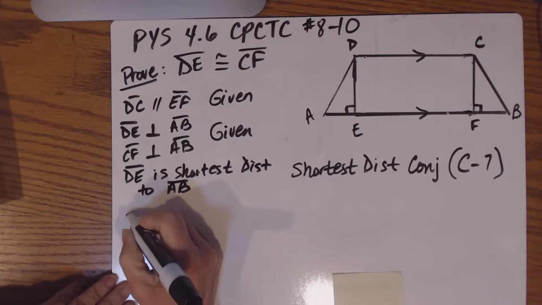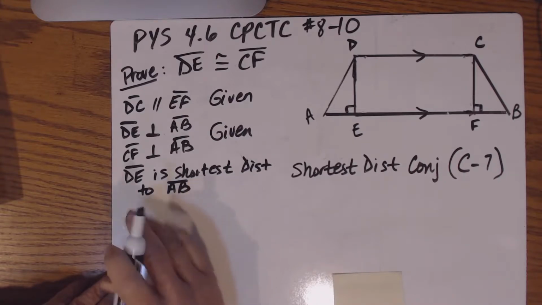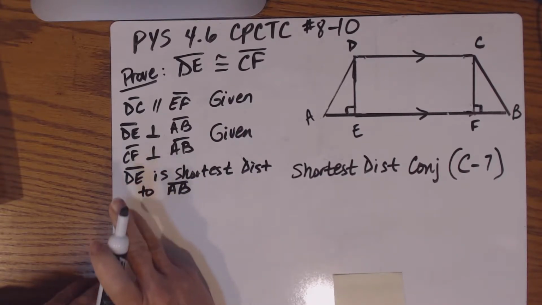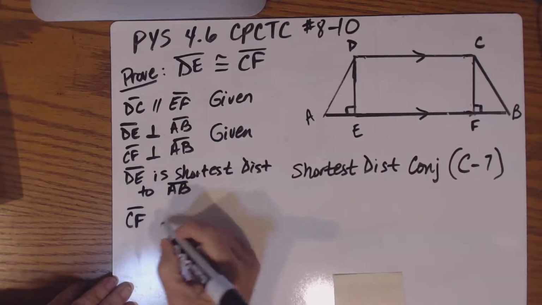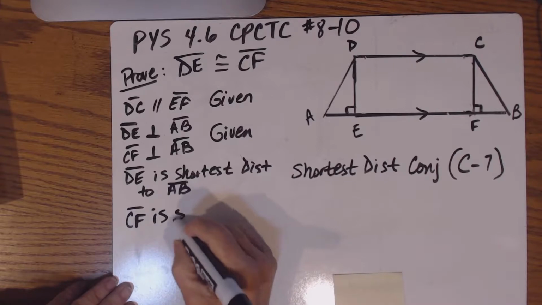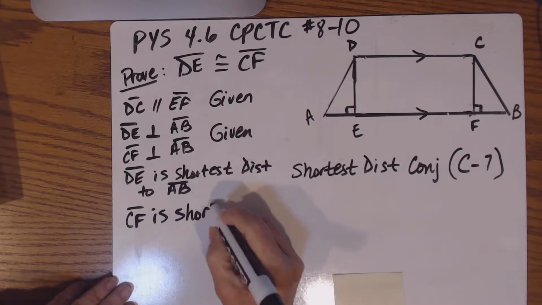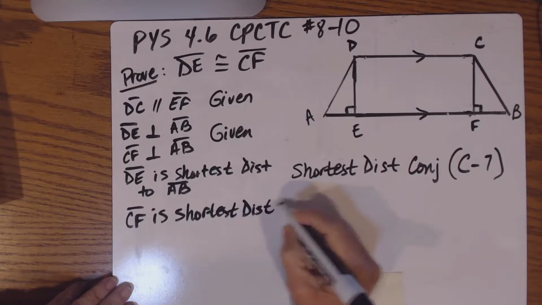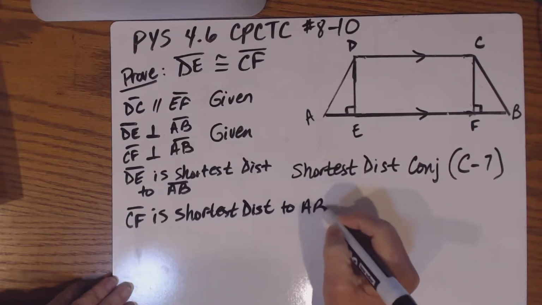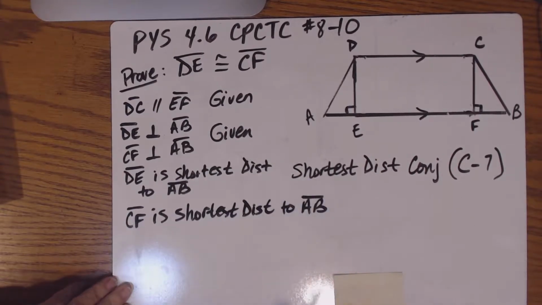And similarly, CF is also the shortest distance to AB.